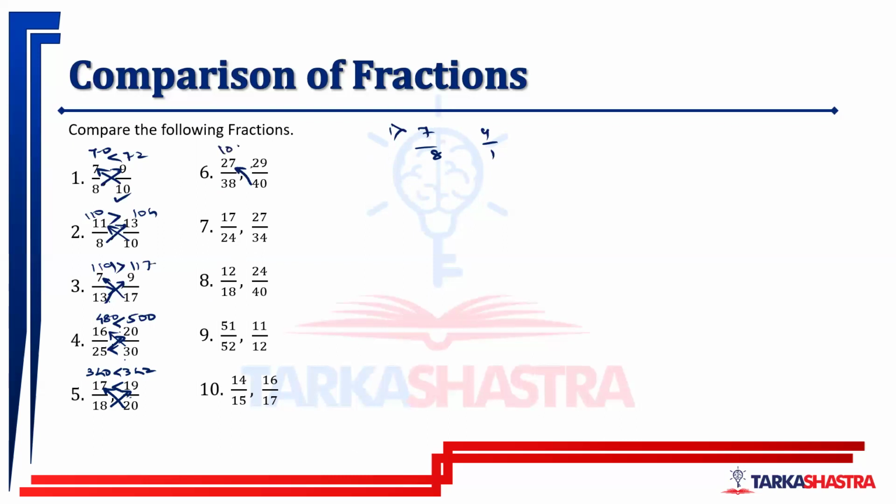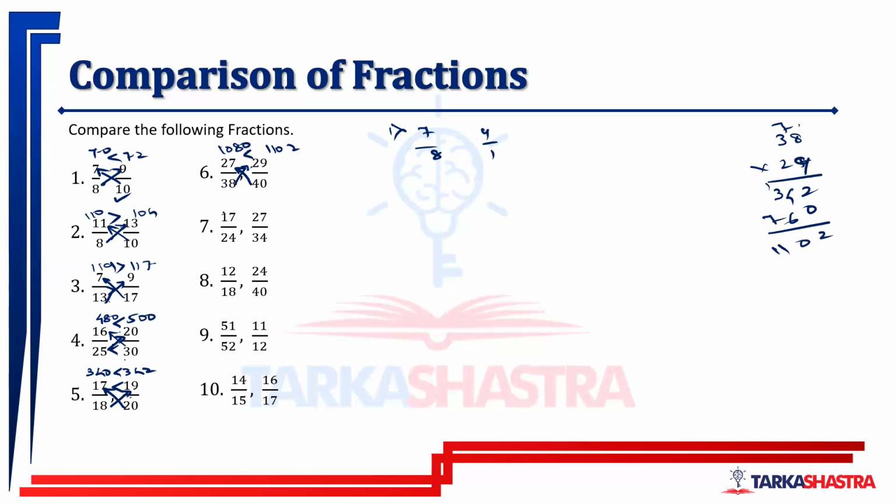27 into 40, 1080. 38 into 29, we'll have to do it. 38 into 29 is 1102. 1102 is obviously greater.